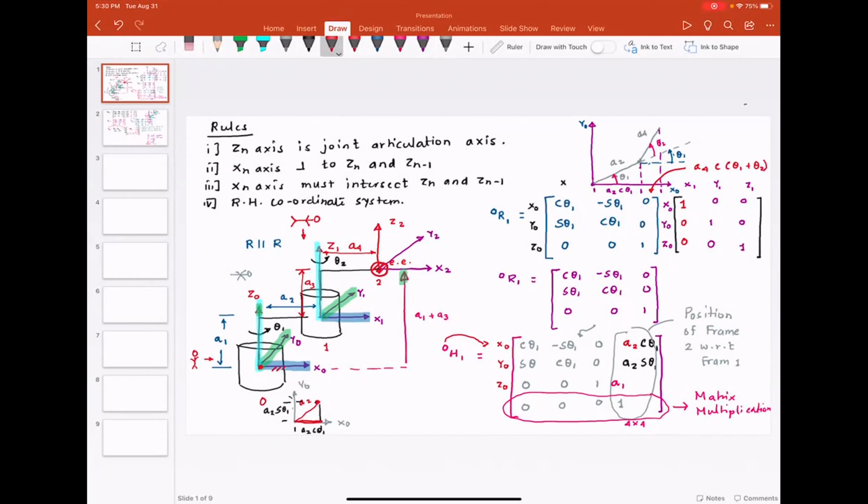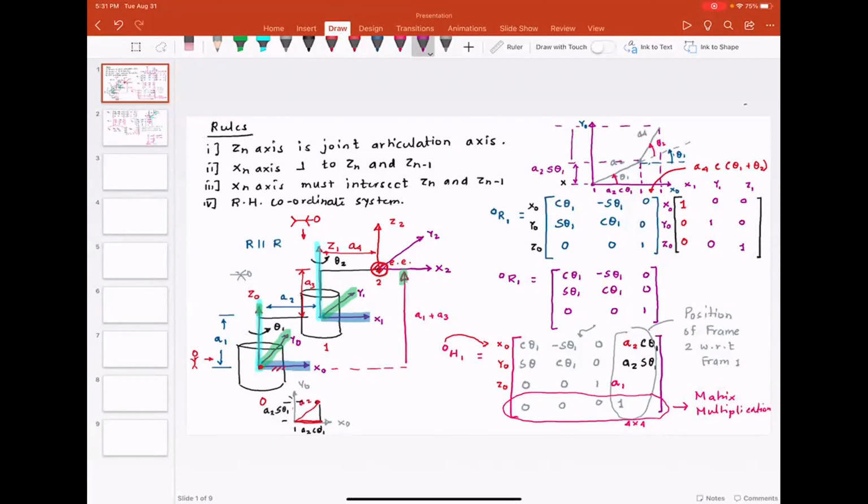So the total horizontal distance is going to be A2 cosine θ1 plus A4 cosine of θ1 plus θ2. Can you check your MATLAB code and tell me if that is the answer we got? Right? Next thing, same logic here. This distance is A2 sine θ1.